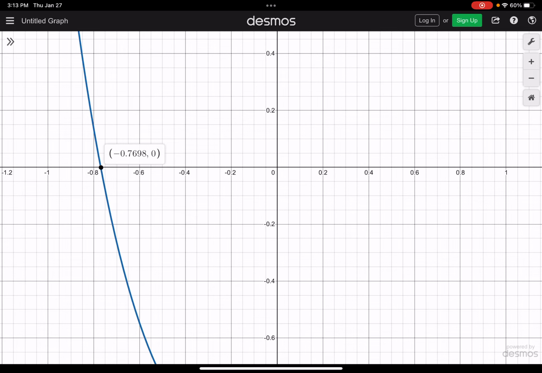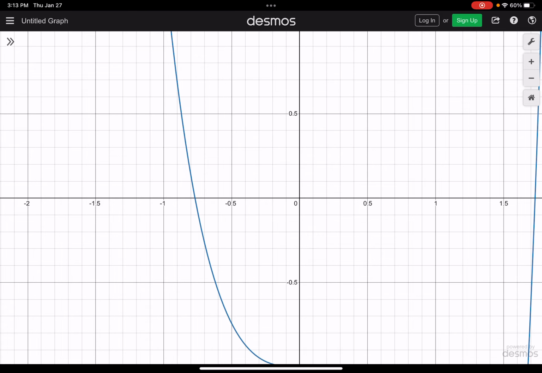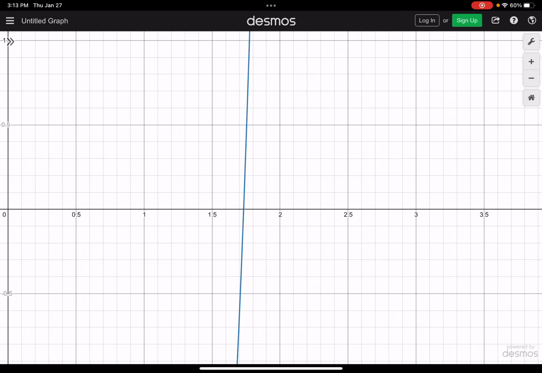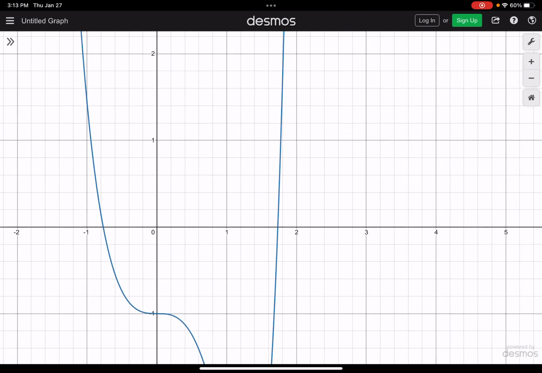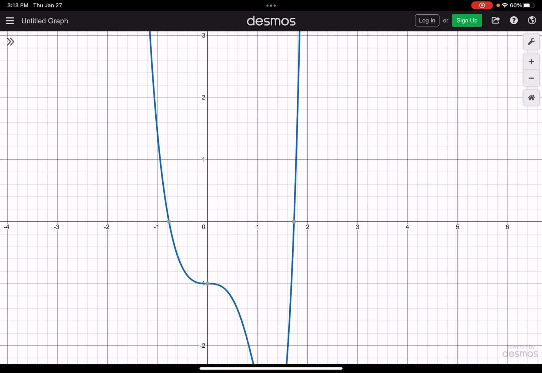And then the other one, we were expecting it between 1 and 2. So let's see here. This is the x value. We have 1.732. Those are going to be our 2 x values in the original function where we have a horizontal tangent line.